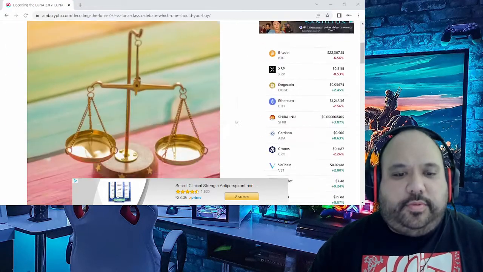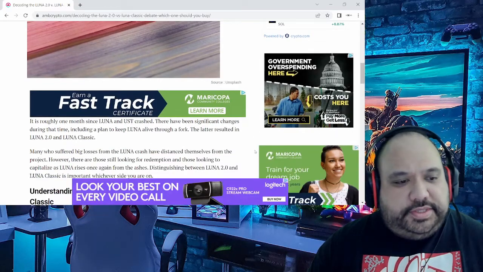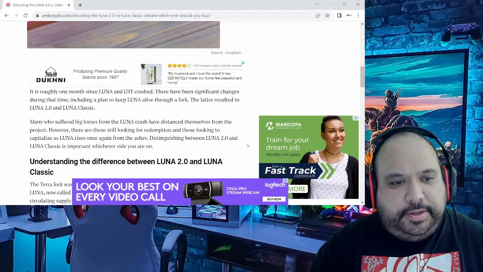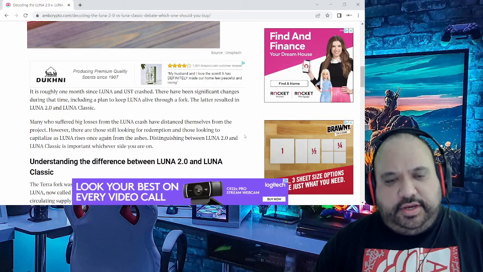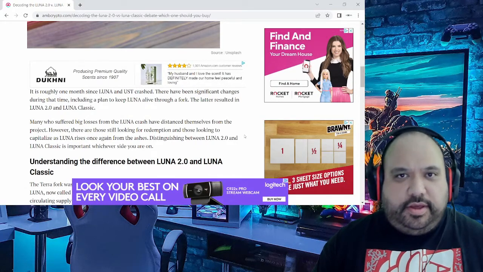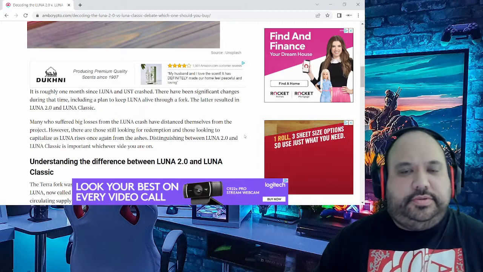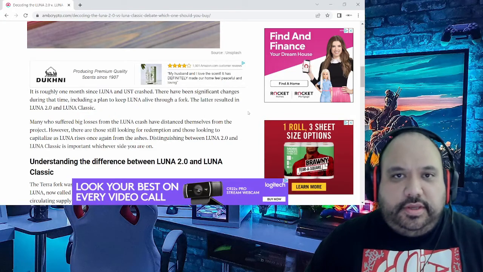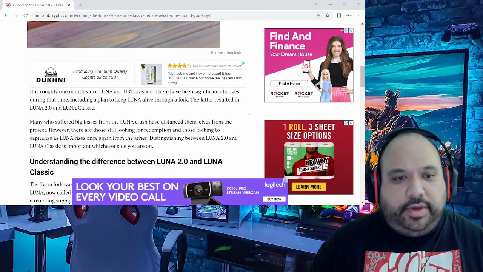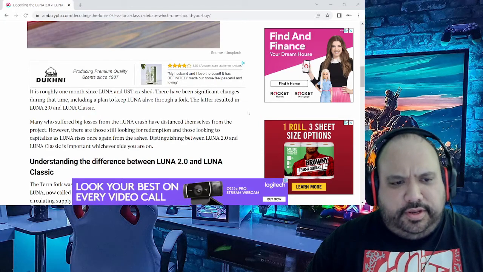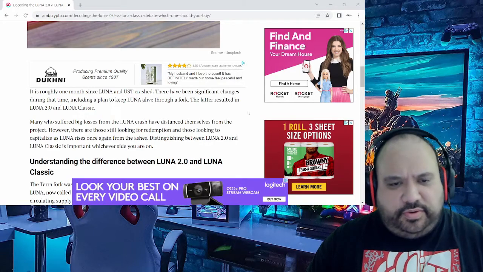But anyway, getting right into it, it states right here that there have been significant changes since the big crash in regards to what was formerly known as Terra Luna, now known as Luna Classic, and also UST for that matter. For instance, there was the whole fork that was introduced.